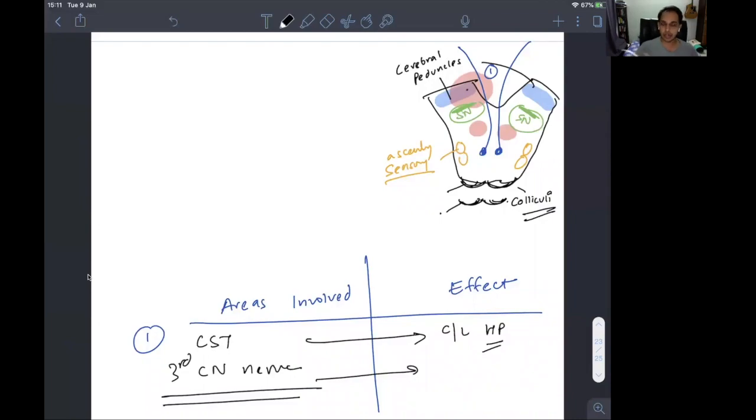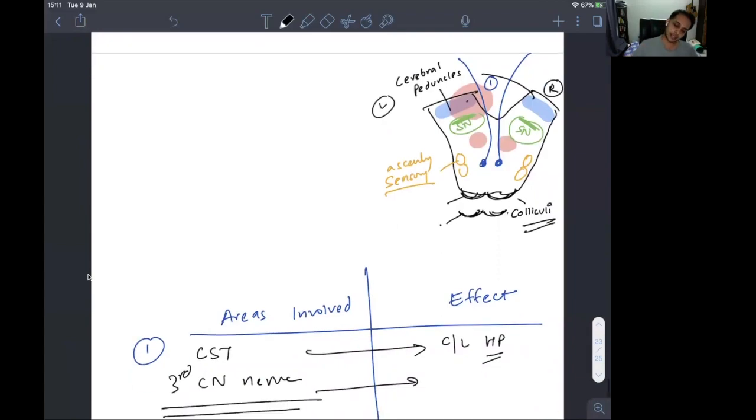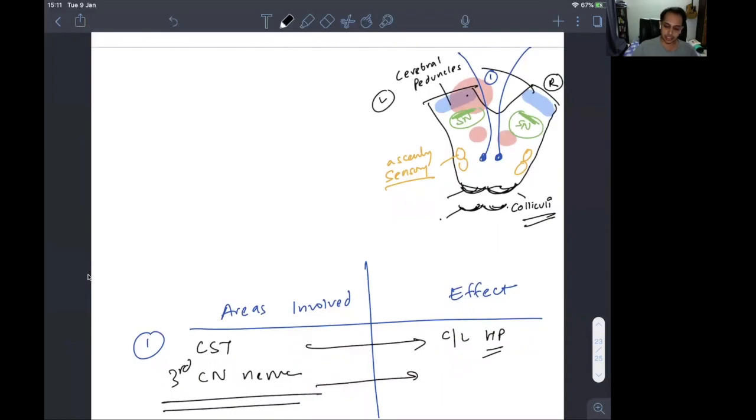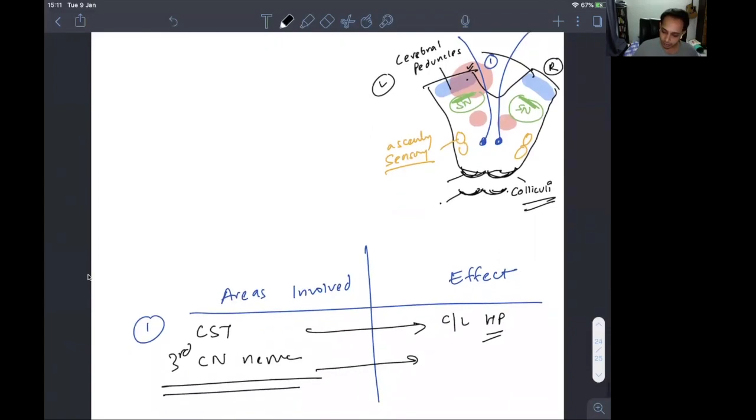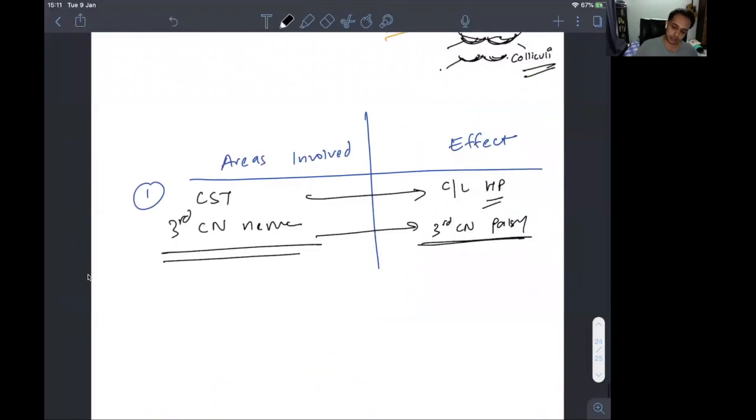You will have weakness on the opposite side. If you are looking at it from above, and this is the left side and this is the right side, then if there is a lesion here, you will have right-sided hemiparesis, and you will have third cranial nerve palsy on the same side, because this is not going to cross. This has already left the brainstem, so you will have cranial nerve 3 palsy on the left side. And this is called Weber's syndrome.